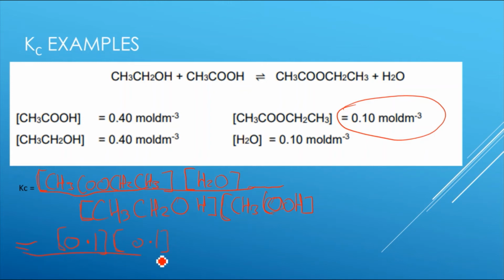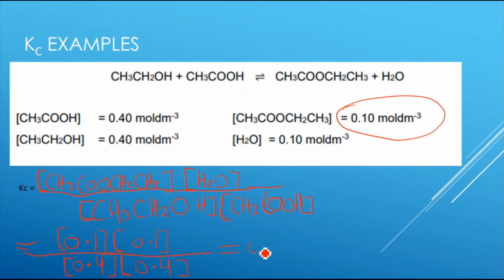I don't need to put it into square brackets now, but I'm doing it just so you understand that these are still concentrations. And then we have the reactants, which is 0.4 multiplied by 0.4. So what we get from these numbers is 0.0625. This will be the Kc value for this particular reaction and this particular temperature.